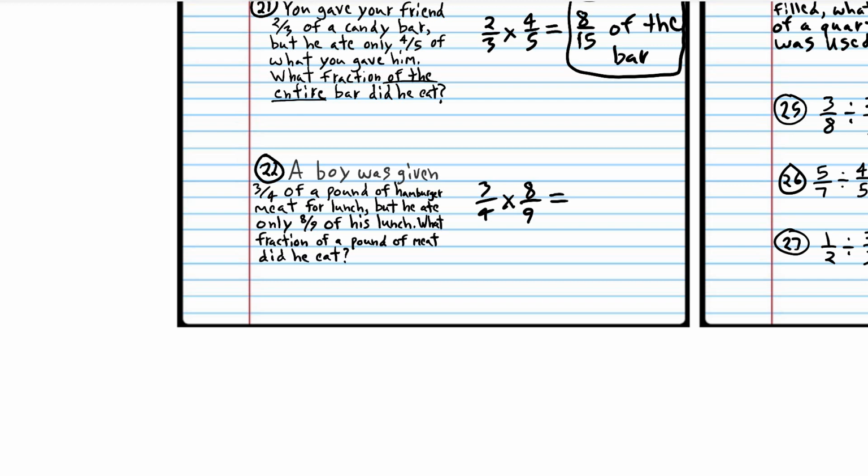And so you're probably thinking, well, why do I even care? I mean, I know it's just going to be multiplying fractions. I don't have to think about it, right? Well, you have to think about it in terms of what you're actually finding. So 3 times 8 is 24, and 4 times 9 is 36.